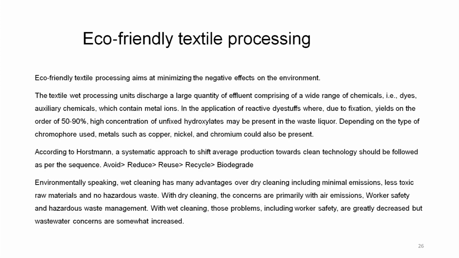With dry cleaning, the concerns are primarily with air emission, worker safety and hazardous waste management. With wet cleaning, those problems including worker safety are greatly decreased, but wastewater concerns are somewhat increased. So, we have many eco-friendly textile processing options. Now, it is time to shift to that.